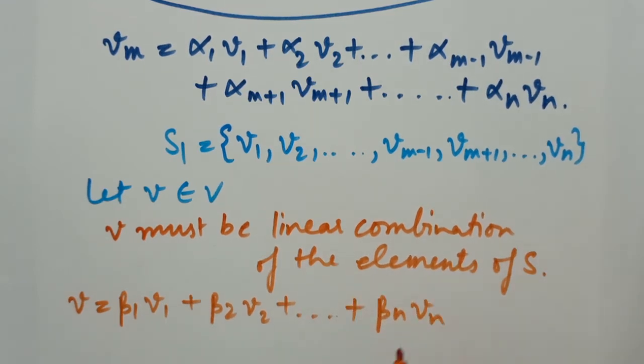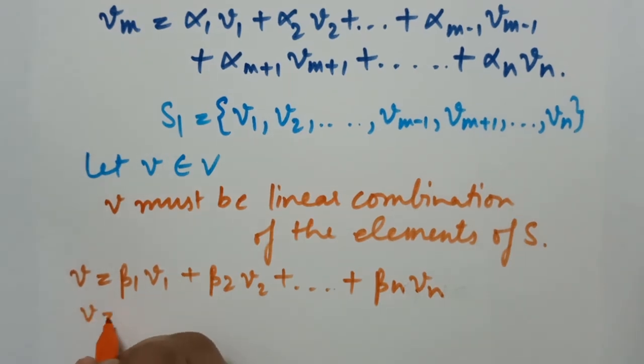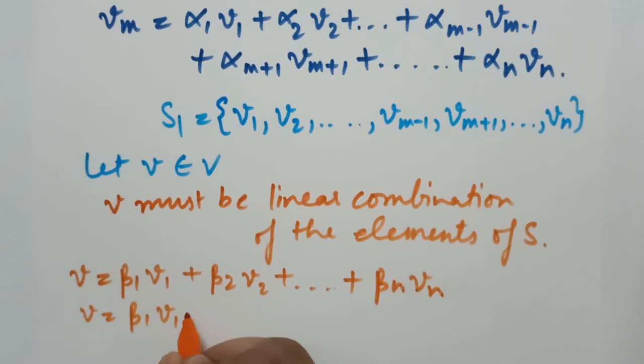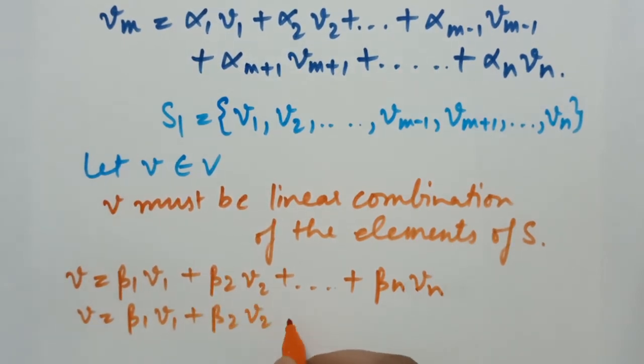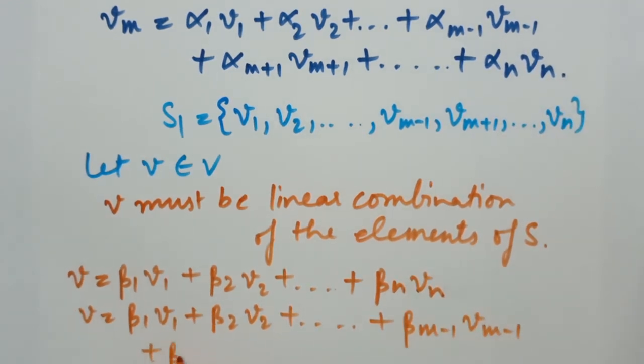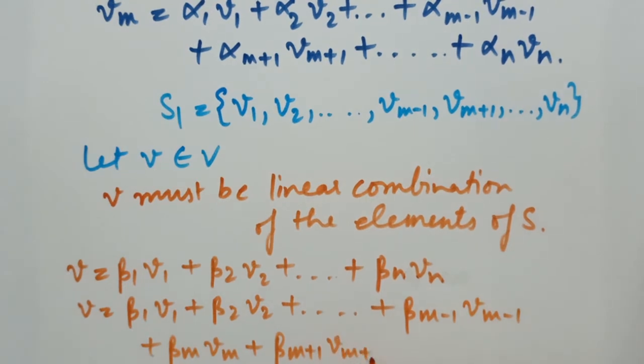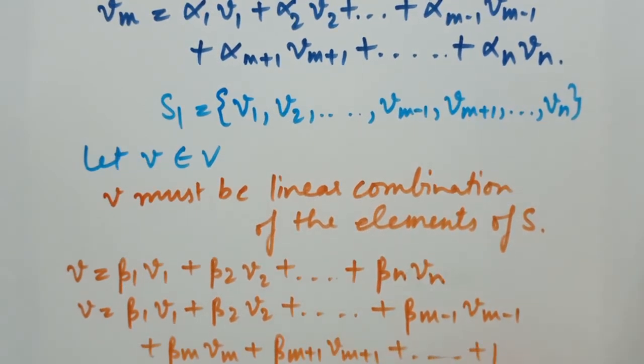Since the subset S also contains the elements Vm minus 1, Vm and Vm plus 1, we can write V equal to beta 1 V1 plus beta 2 V2 plus up to beta m minus 1 Vm minus 1 plus beta m Vm plus beta m plus 1 Vm plus 1 plus up to beta n Vn.